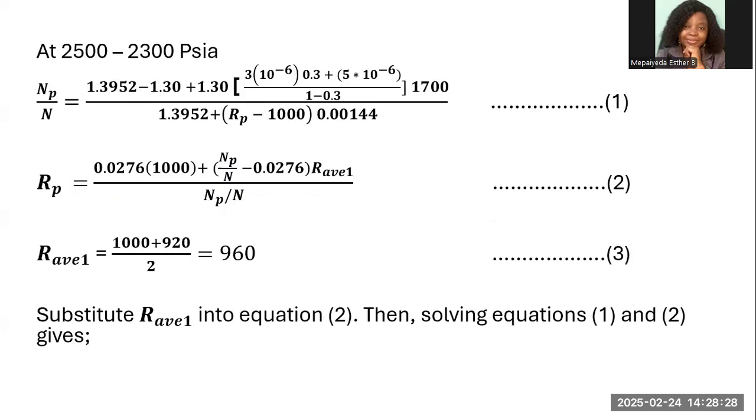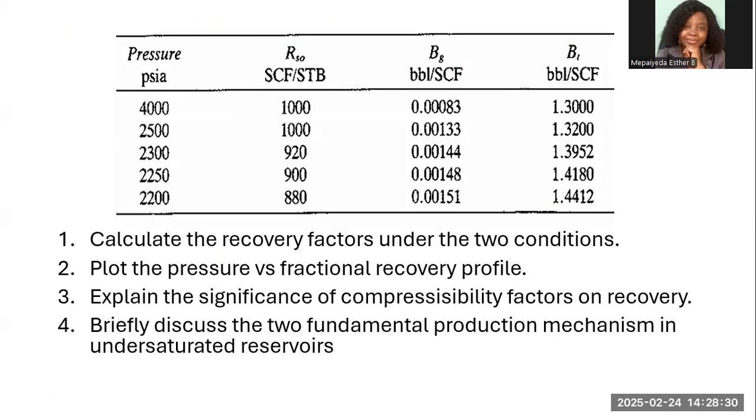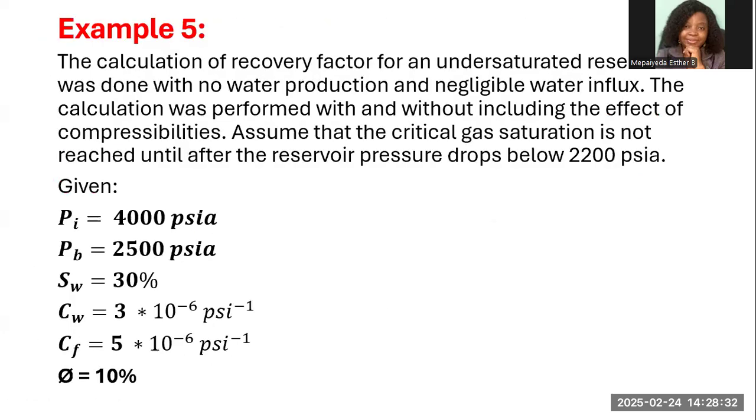Okay, again, let me go back to the question so that you understand that you're on track. It says calculate the recovery factor for an undersaturated reservoir. It has no water production, it has negligible water influx, and the calculation was done both with and without effect of compressibility.